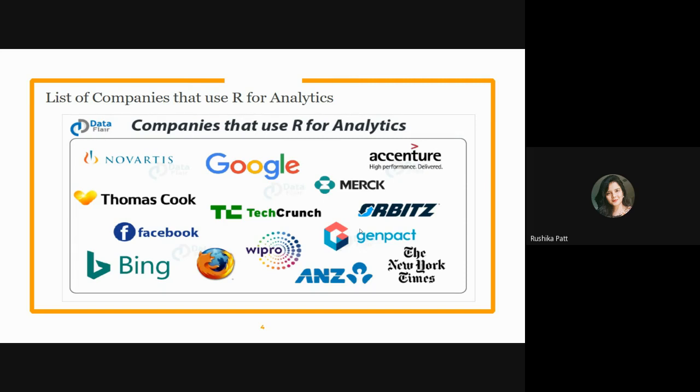So starting from the banking sector to news channels to browsers to social media to search engines, these are very well known companies which are using R programming in some way or other to analyze their data. These are real-time examples of them using R. So you should be aware of where R is actually going to be used.